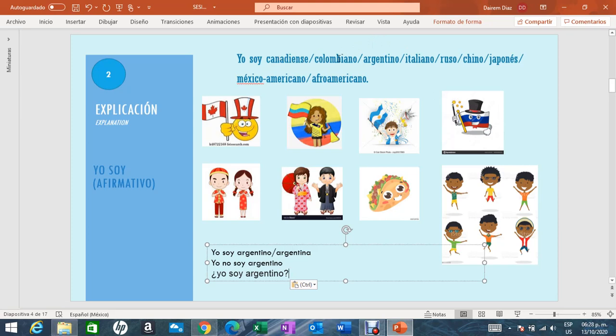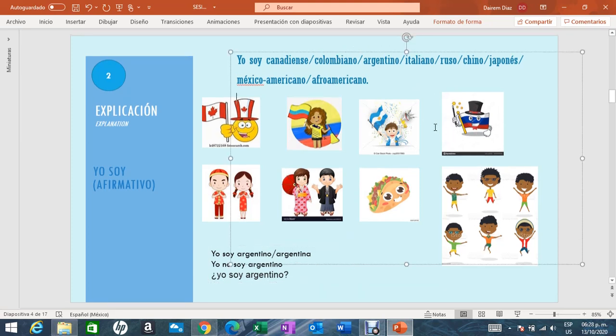Then we check canadiense, colombiano, argentino, italiano. I don't have anything from Italia here. Okay, there is an image that is missing there. Let me look for it very quickly on the internet.